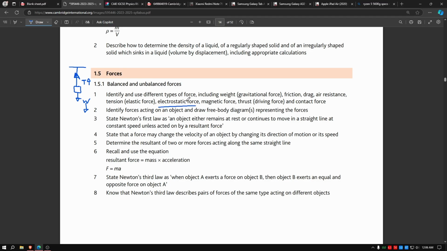Electrostatic force. Electrostatic force basically means the attraction of electrons. So if you rub your hands in your hair, legit hands in your hair actually, then your hand will become, let's just say, negatively charged. Imagine this is the surface of your hand. If you zoom in, this patch of your hand surface, there will be electrons with negative signs.